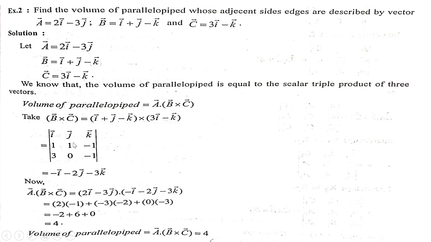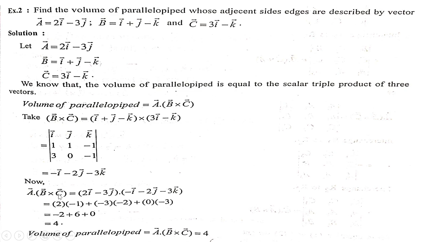From this, b1 is 1, b2 is 1 and b3 is minus 1, and c1 is 3, c2 is 0 and c3 is minus 1. So after solving this determinant, we get minus i bar minus 2j bar minus 3k bar.